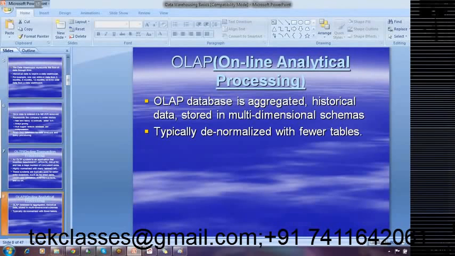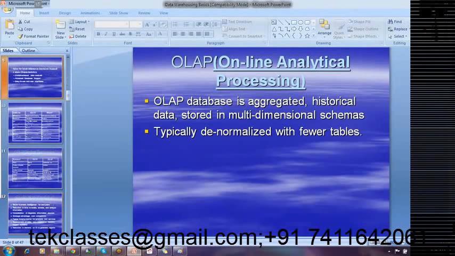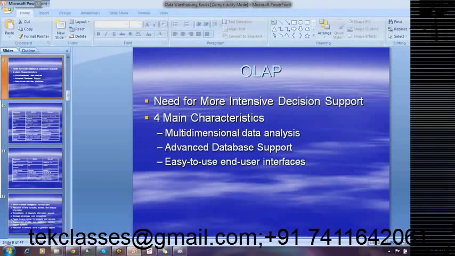I'm going to show you what denormalized structure data is and what normalized structure data is. The OLAP will be used for decision-making, with characteristics of multi-dimensional analysis, used for analysis purposes and by the top-level hierarchy in the business.